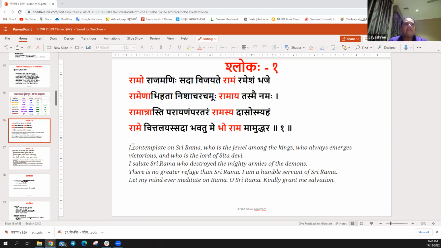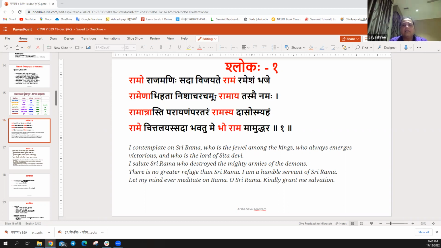So what's the meaning of this? Ramo Rajamani Sada Vijayate Ramam Ramesham Bhaje. I contemplate on Sri Rama, who is the jewel among the kings, who always emerges victorious, and who is the Lord of Sita Devi. I salute Sri Rama who destroyed the mighty armies of the demons.